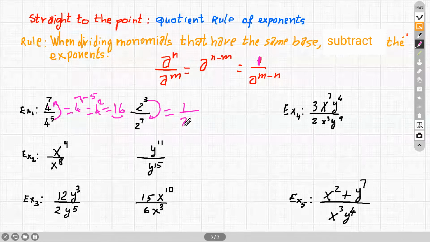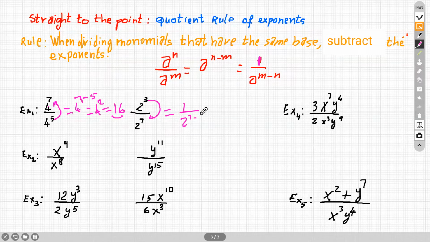So that's 2 to the 7 minus 3, which is equal to 1 over 2 to the 4th power. And 2 to the 4th power is 16: 2 times 2, 4 times 2, 8 times 2, that's 16. So it's 1 over 16.